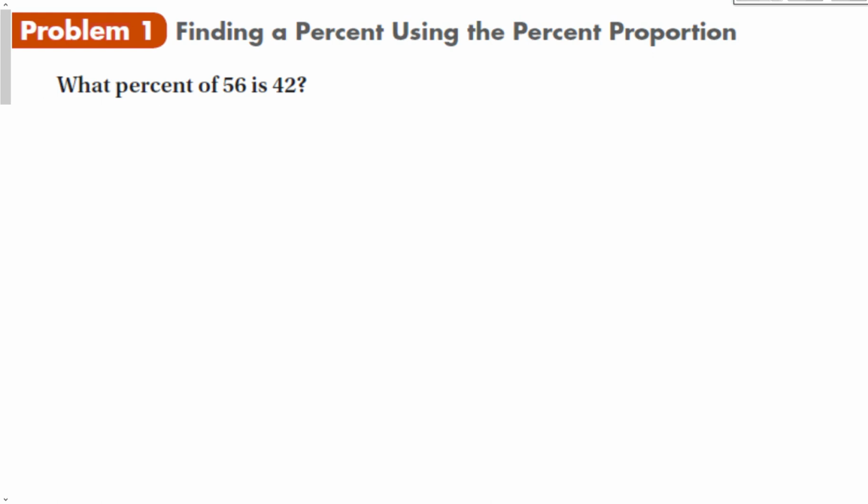So we have what percent of 56 is 42. So if I want to use my percent proportion, we'd have A over B is equal to P over 100, okay? Or is over of is equal to the percent over 100. Either one of these to think about is okay.